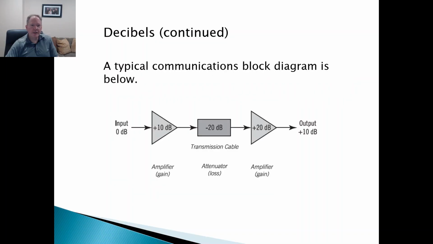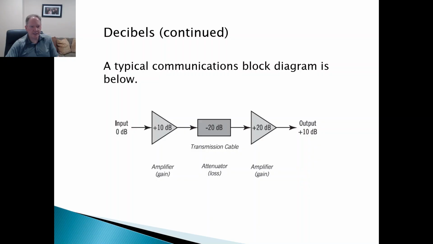Now, in our communications, we're going to use block diagrams where you have your input and your output. So this shows the gain here is plus 10 dB. So it goes through this amplifier and it gains 10 dB. It goes through this transmission cable and it has a line loss of negative 20 dB. And then it goes up 20 dB.